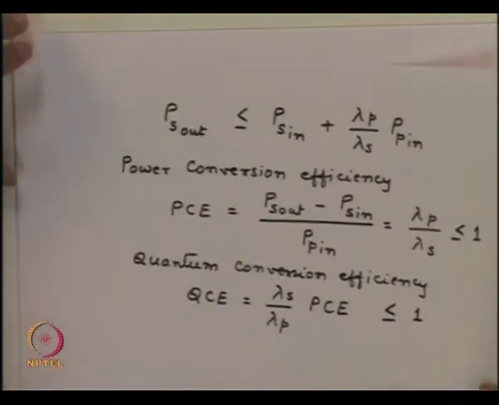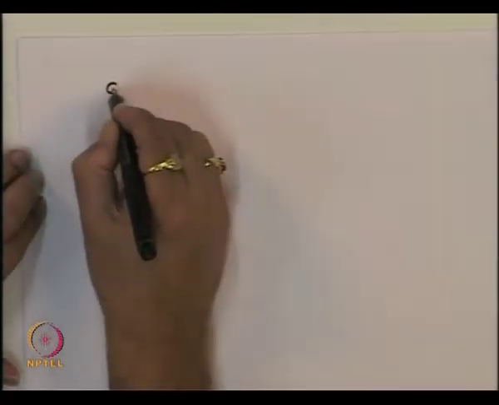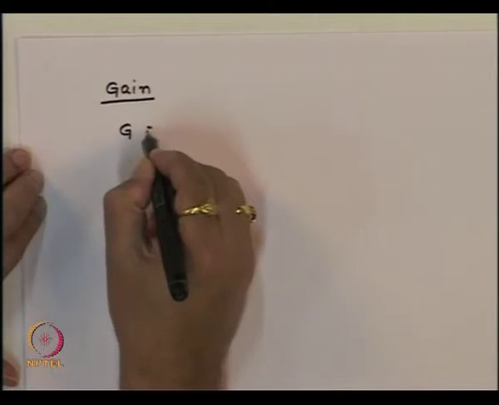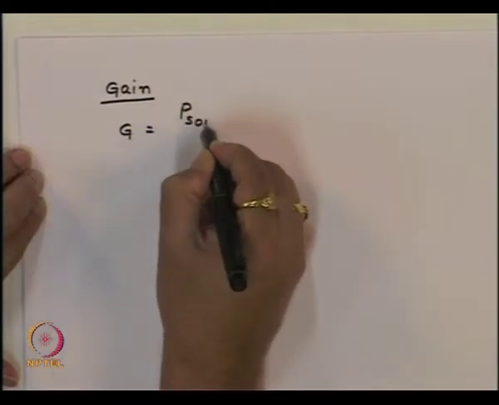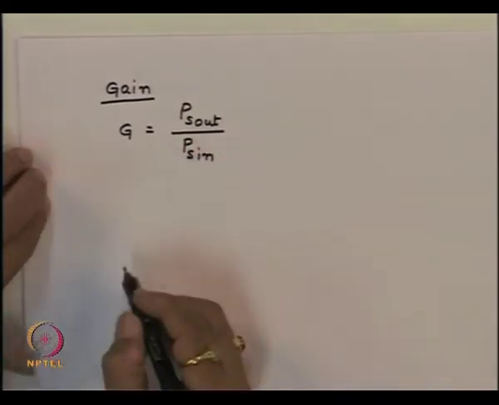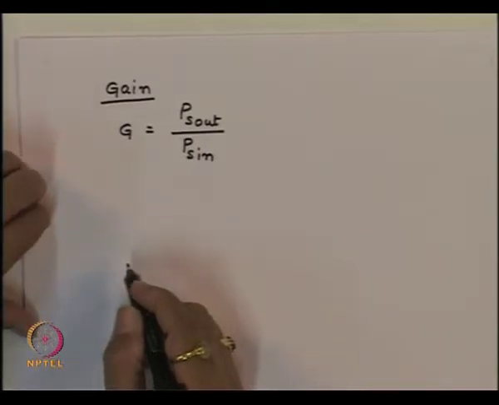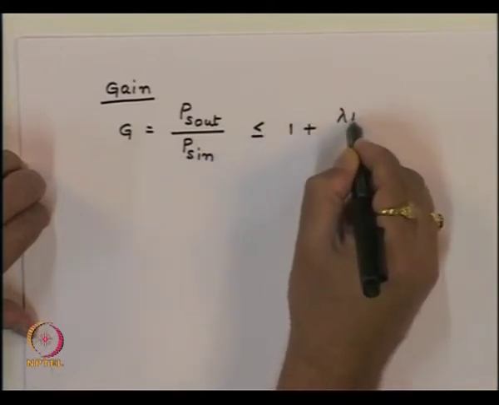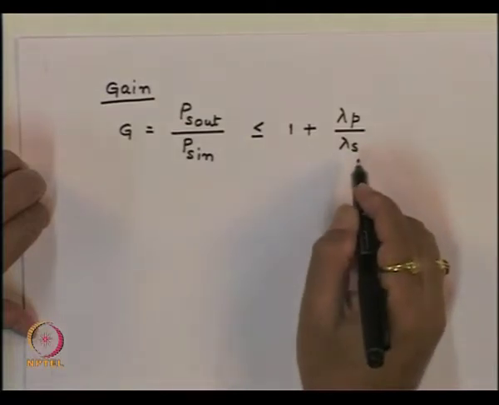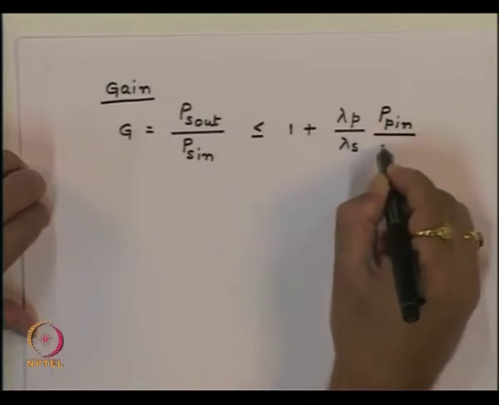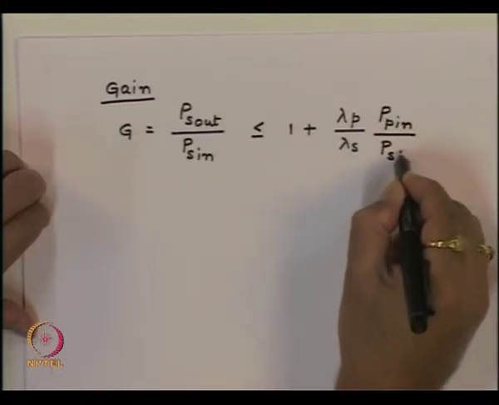Then one can define the important parameter for the amplifier, which is called the gain. So we can have a gain for this amplifier, and that is nothing but the signal power in the output divided by the signal power in the input. So this quantity is less than or equal to 1 plus lambda_P upon lambda_S times P_pump,in divided by P_signal,in.